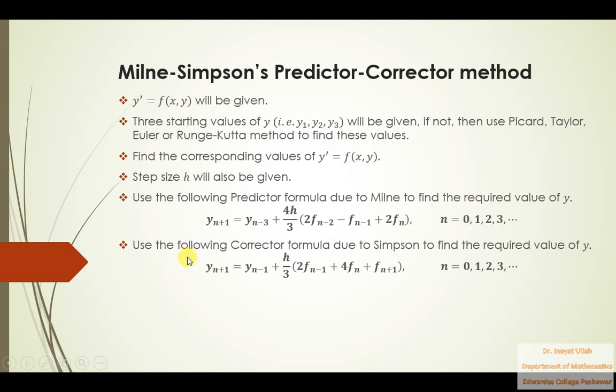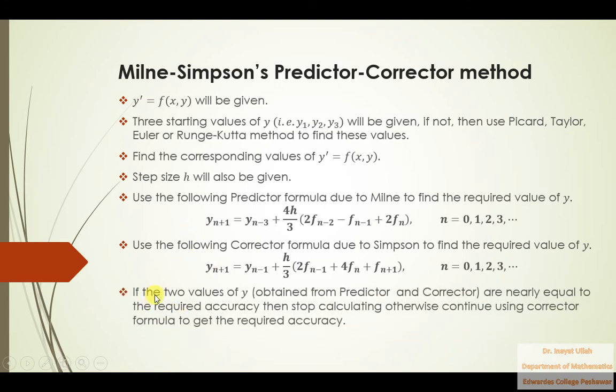If you are asked to find the answer up to 5 decimal places, then these two values of y must be equal to each other up to 5 decimal places.